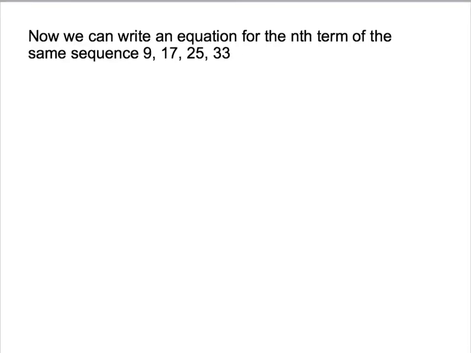Now we can write an equation for the nth term. If we don't know the term, we can come up with an equation for this. I'm going to use the same beginning, a sub n is equal to a sub 1 plus n minus 1 times d.